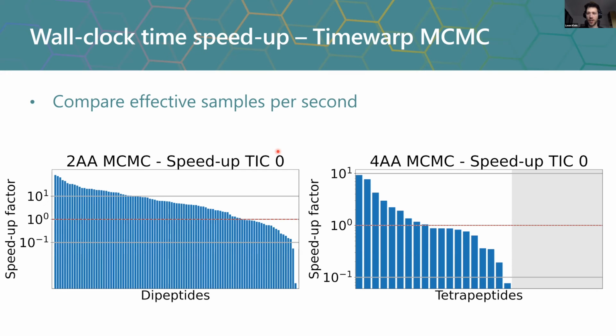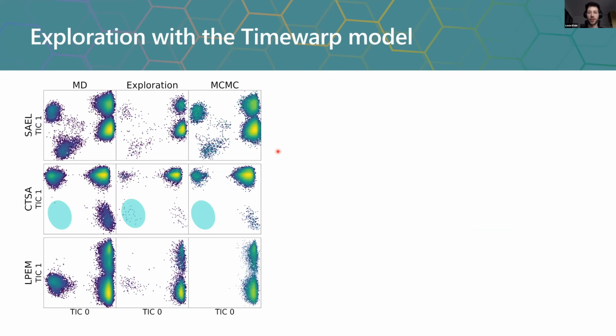Okay. And then Andrew also mentioned the exploration algorithm, where we accept all proposals. So here, what comes in addition is the middle column. What's interesting here is that where Timewarp in combination with MCMC misses this metastable state, it is actually explored if we do not reject states.